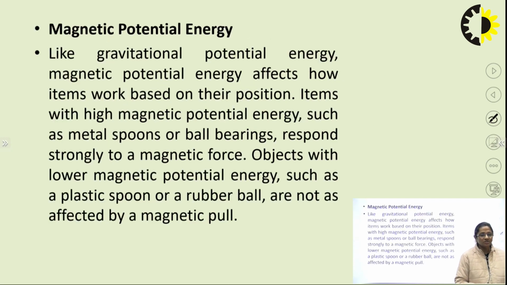Magnetic potential energy. Like gravitational potential energy, magnetic potential energy affects how items work based upon their position. Items with high magnetic potential energy, such as a metal spoon or ball bearings, respond strongly to a magnetic force. Objects with lower magnetic potential energy, such as a plastic spoon or a rubber ball, are not as affected by magnetic pull.